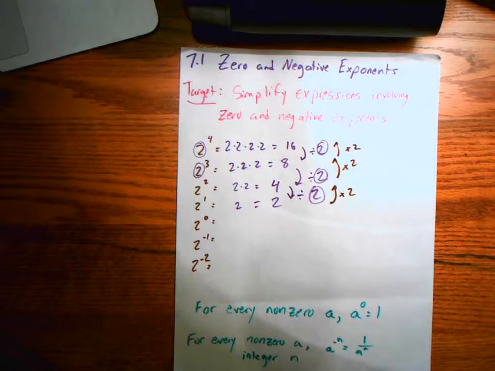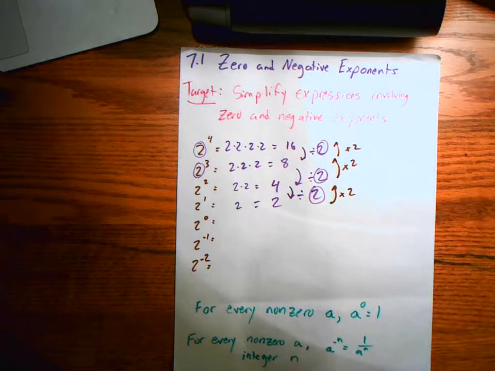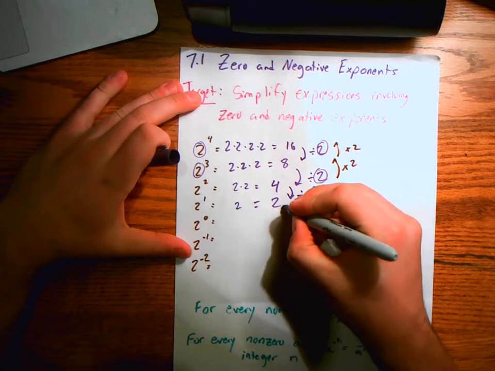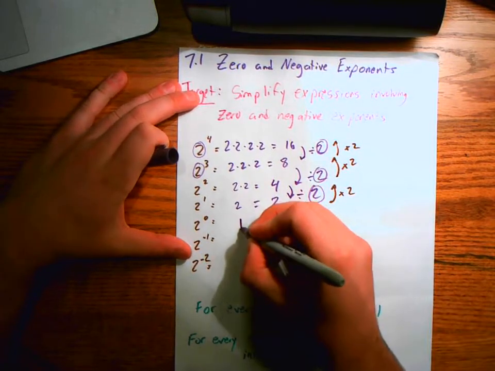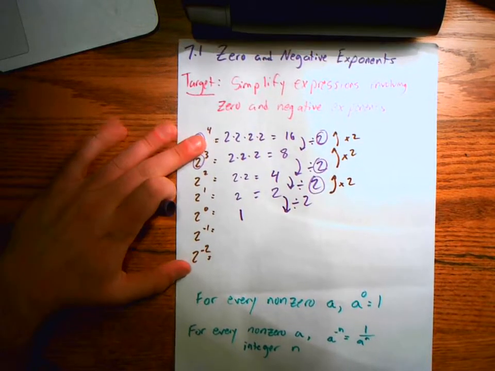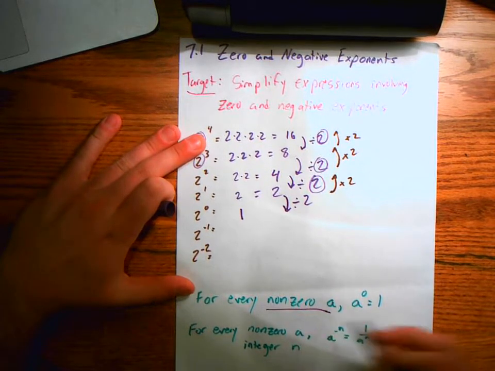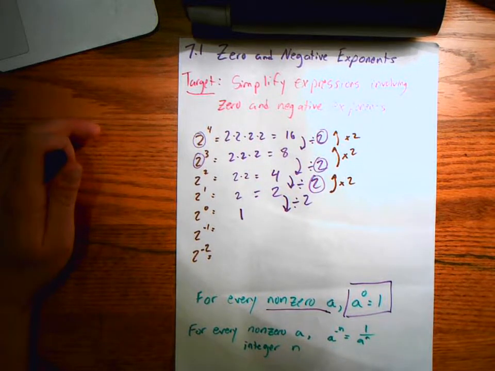Now, if you're not sure what a zero exponent or a negative exponent is, you can continue this pattern all the way down by dividing by 2, or going up by multiplying by 2. So if we take this 2 and divide it by 2, that is going to give us 1. This brings me to the first point: for every non-zero a, any number raised to the 0 power is always going to be 1.